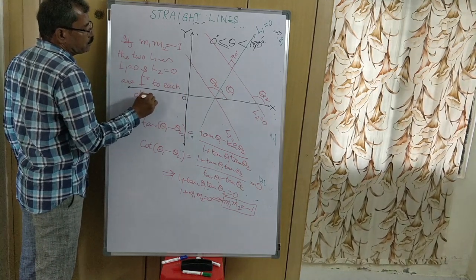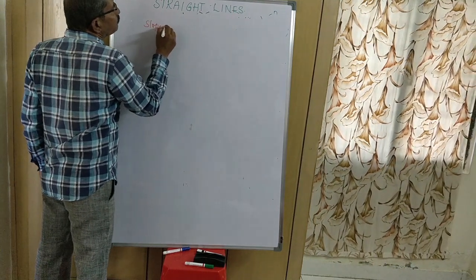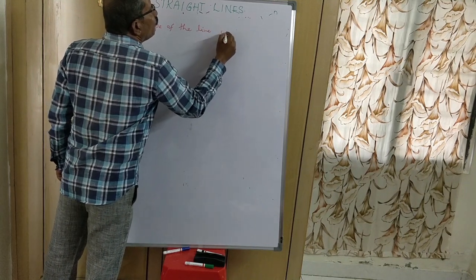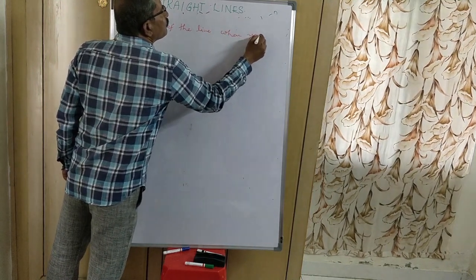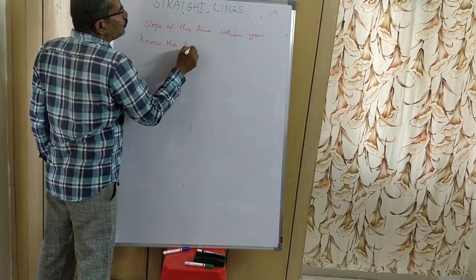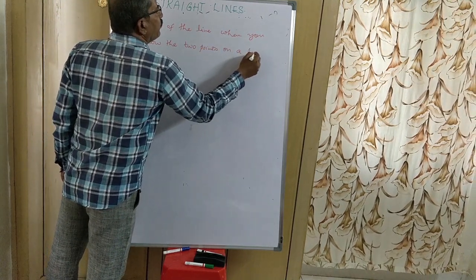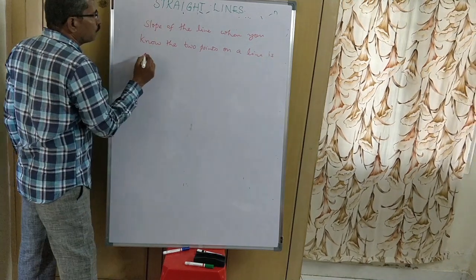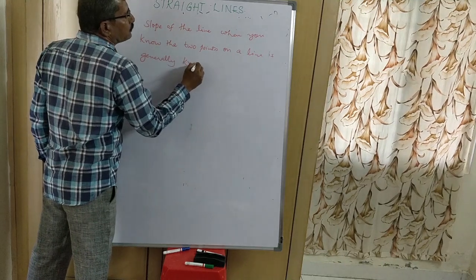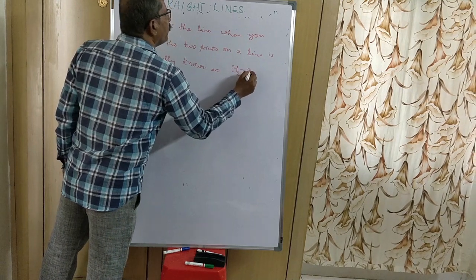The slope of the line, when you know two points on a line, is generally known as y2 minus y1 by x2 minus x1.